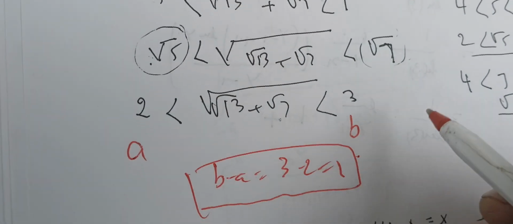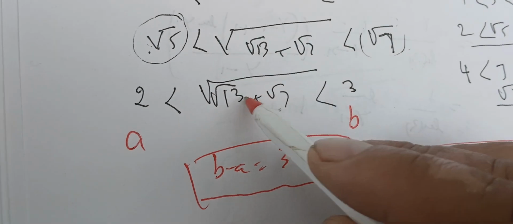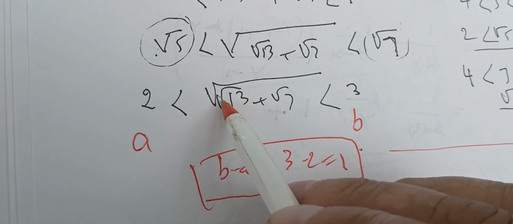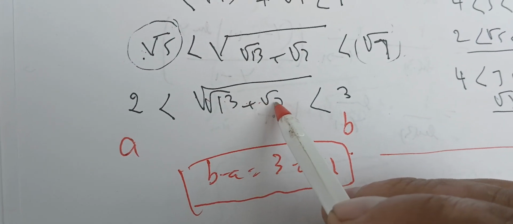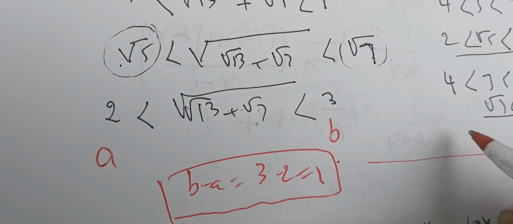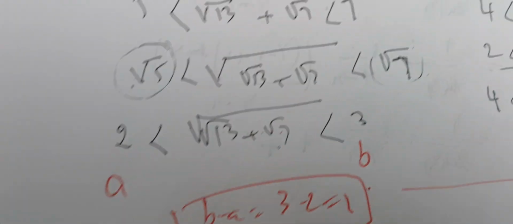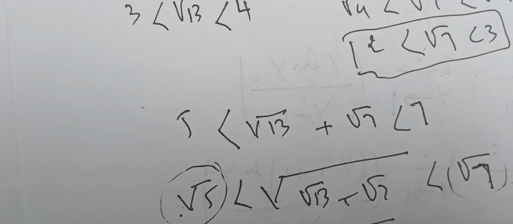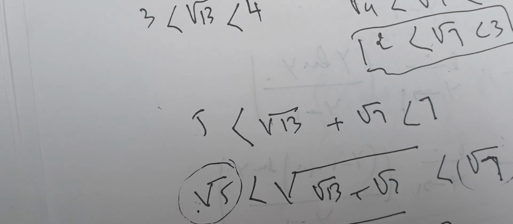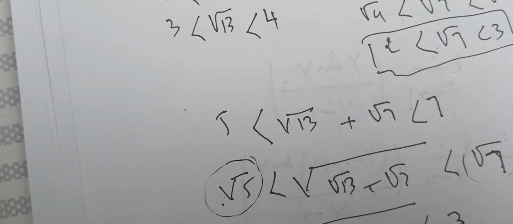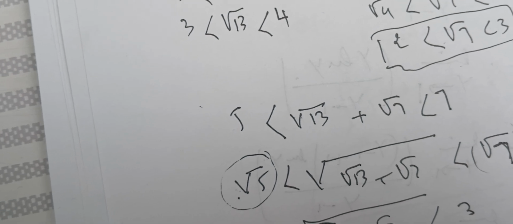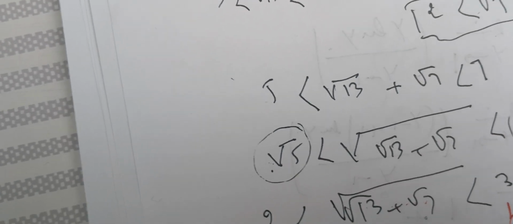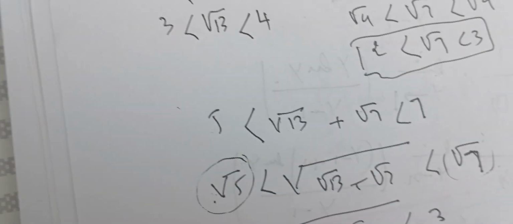To see why, let's look at our number, the square root of the square root of 13 plus the square root of 7. I don't know how much that is in the calculator. Let me see if I have it in my calculator.